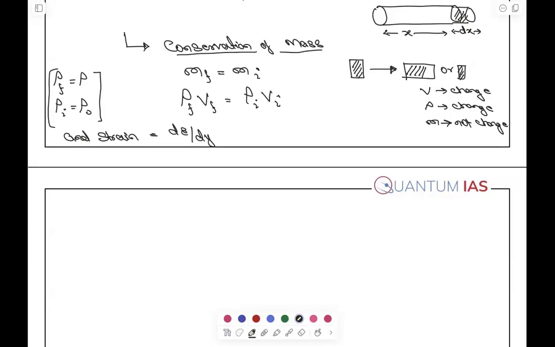Strain, which was dx by x for us, we will write as d epsilon by dy. Okay? Second thing, this strain, change in length upon length, should it be very large or is it small? Tell me what it will be.